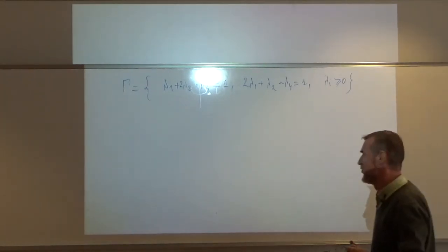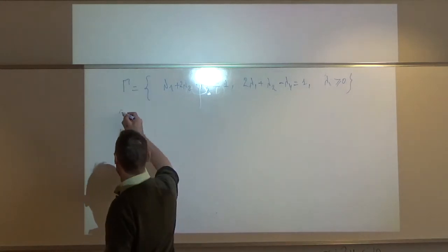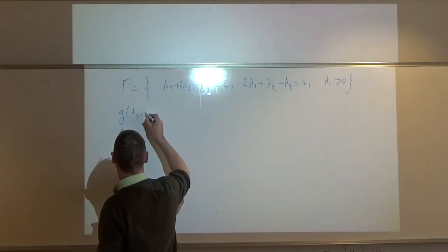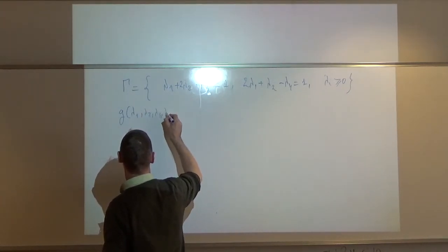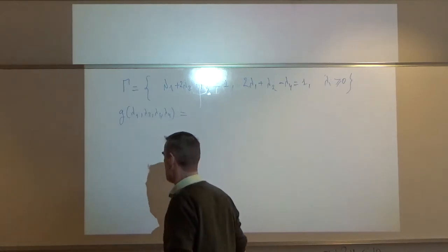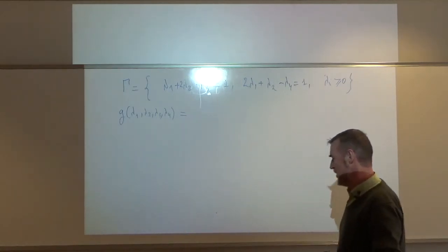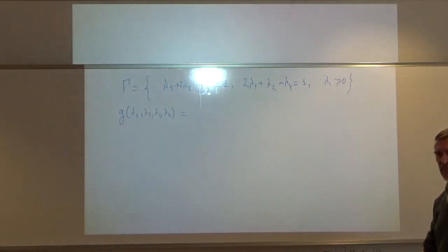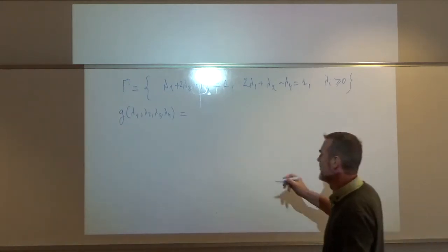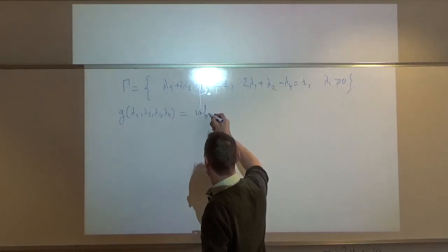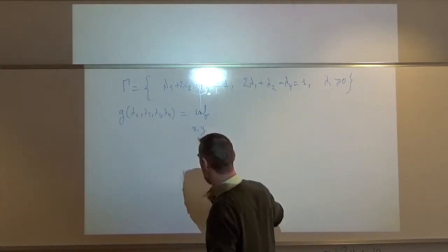Now, what is the dual function? G of lambda 1, lambda 2, lambda 3, lambda 4. It is the minimum of the Lagrangian over all values of x and y, unconstrained. Right? So it's the inf over x and y of the Lagrangian.